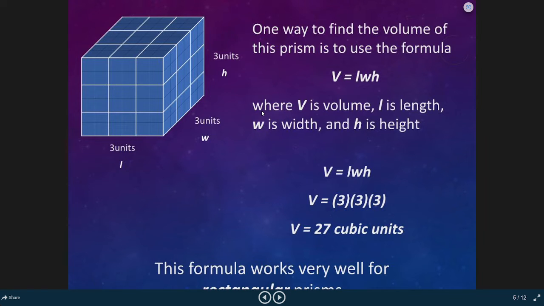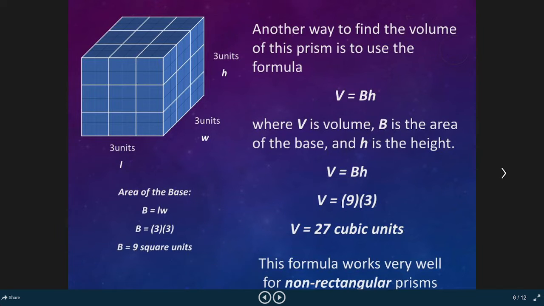Don't forget that V stands for volume, L stands for length, W stands for width, and H stands for height. There is another type of formula, BH.